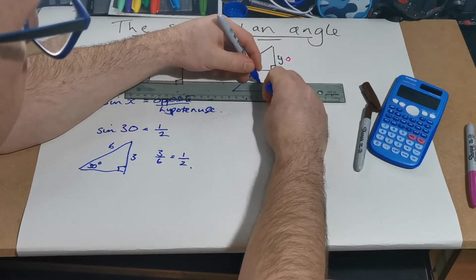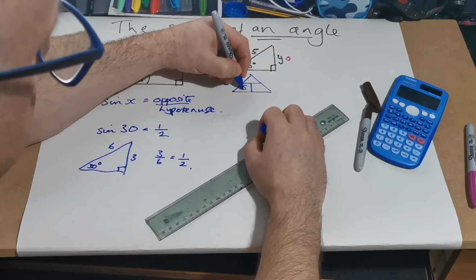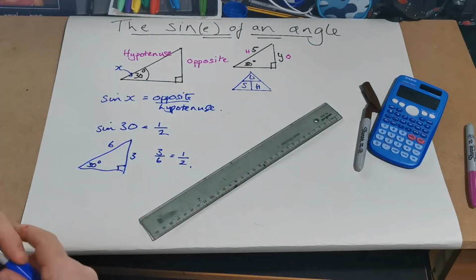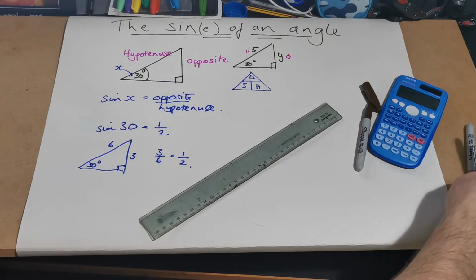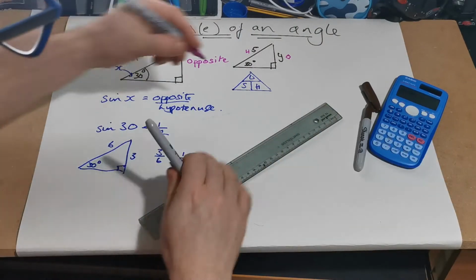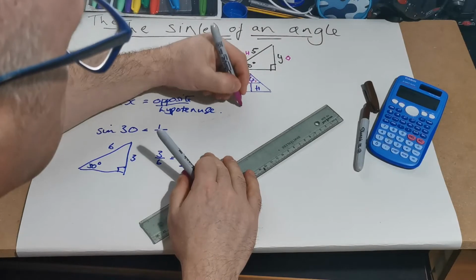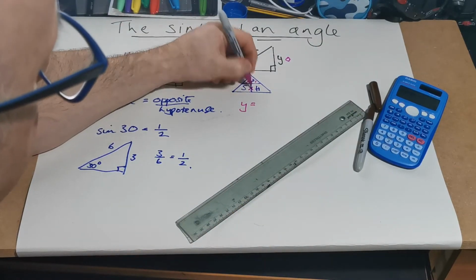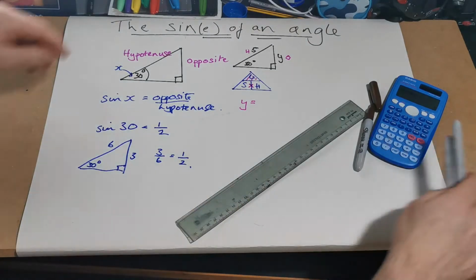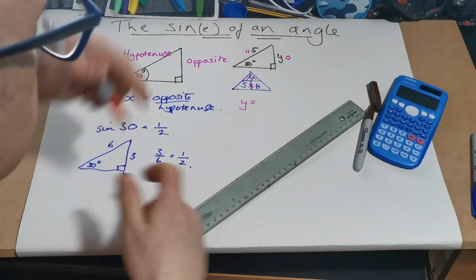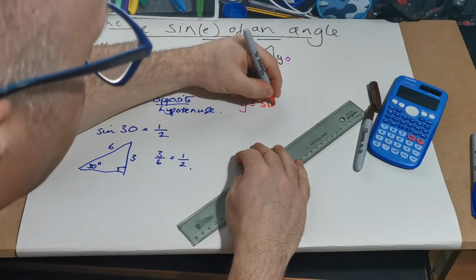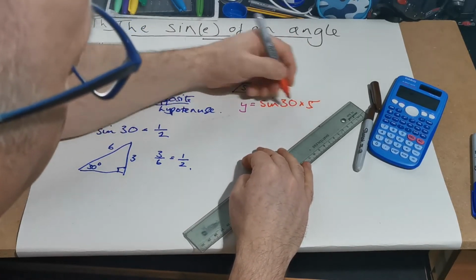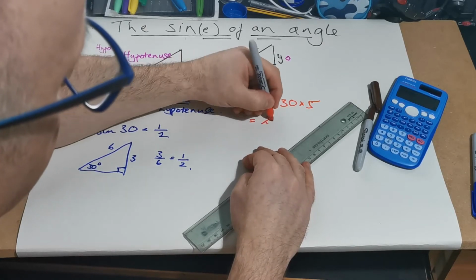You've seen these sorts of things in all sorts of areas of maths and science. So I want to find out the opposite. I'm going to cover that over and say y equals. And then because these two are on the same line, I'm going to times them together. So it's sine 30 times 5, and that comes to 2.5.